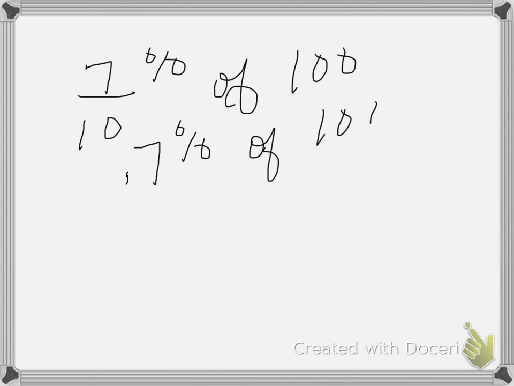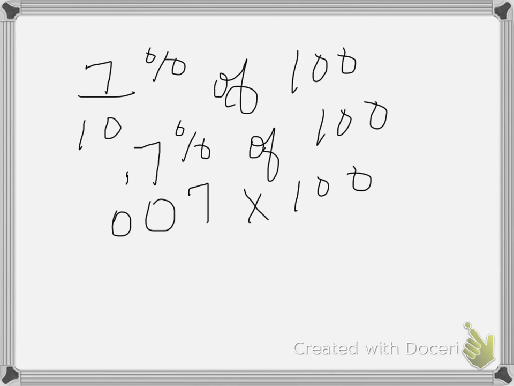So I just changed the fraction to a decimal, 0.7%. How would I change that percent? Move the decimal twice, so that's 0.007 times 100, because it's not 70, it's 0.7.